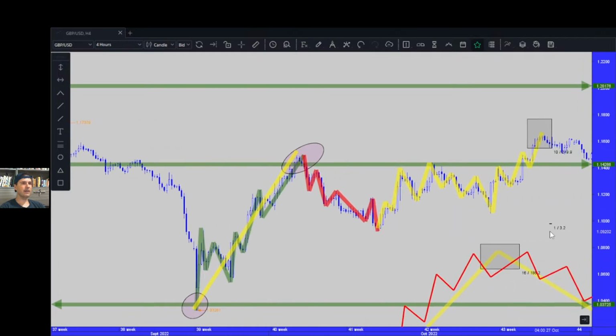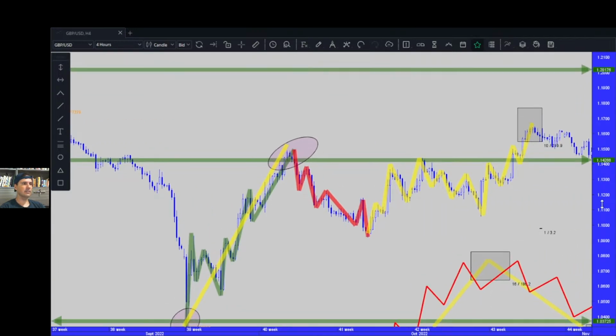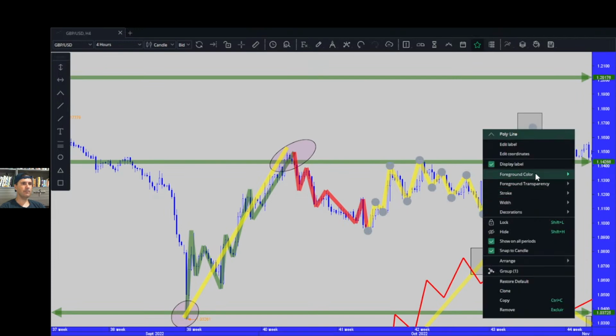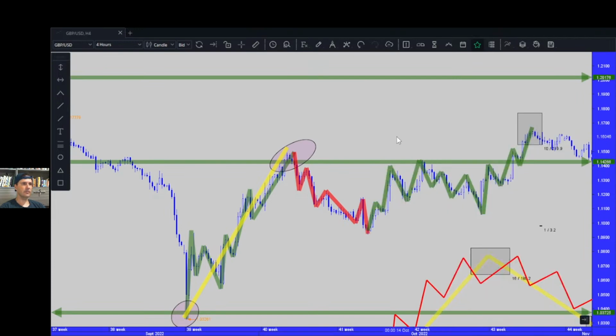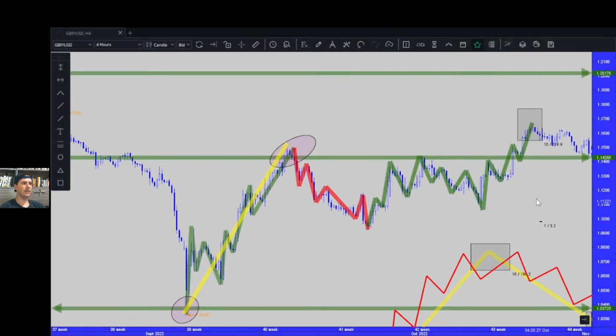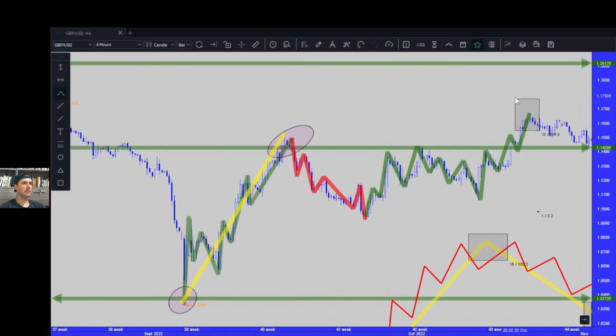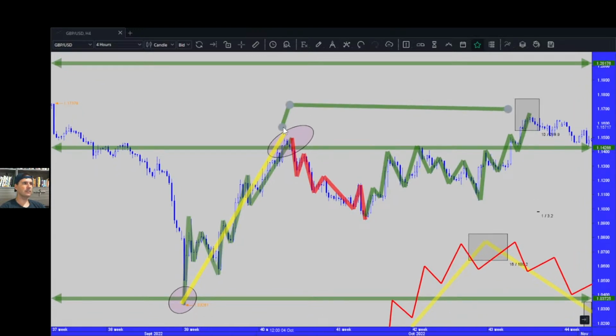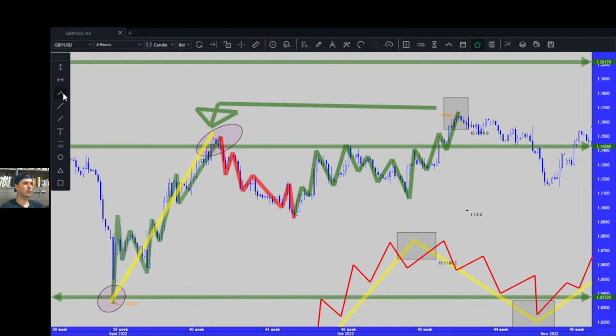Okay, and finally, right? So the market went up, made a higher high compared to this one, made a higher high compared to this one, and now the market starts to do what? Start to retrace again. Lower lows, lower highs, lower lows, lower highs, lower low.